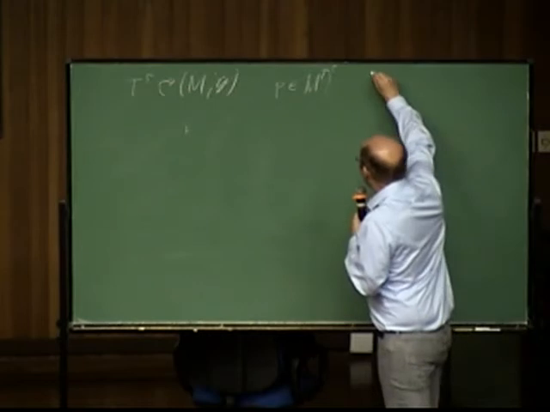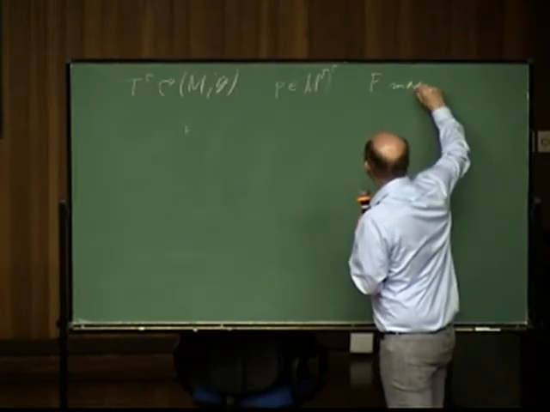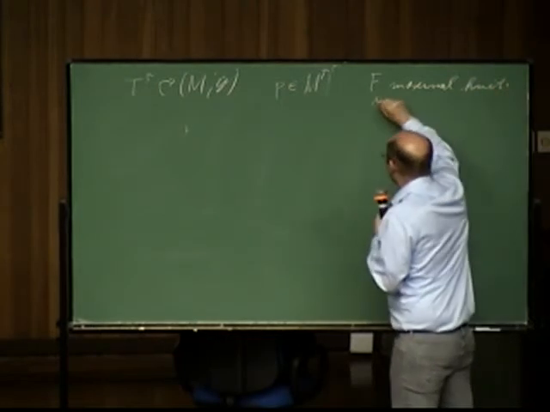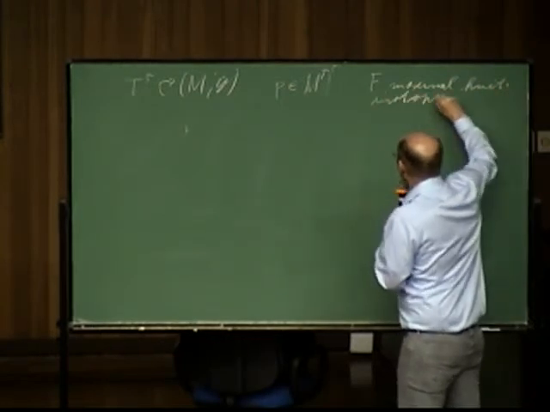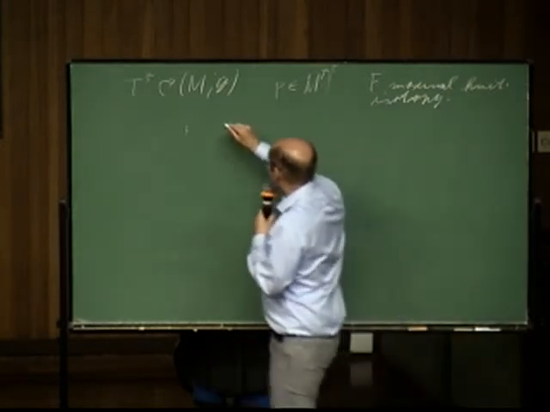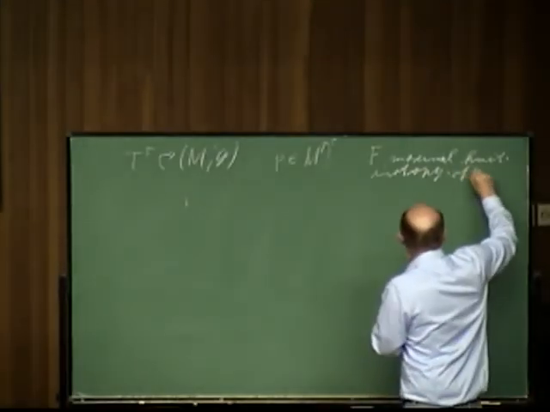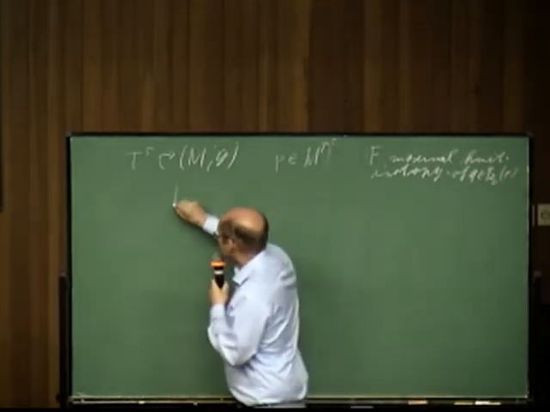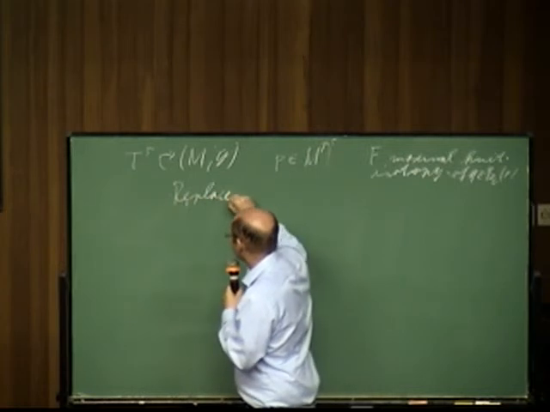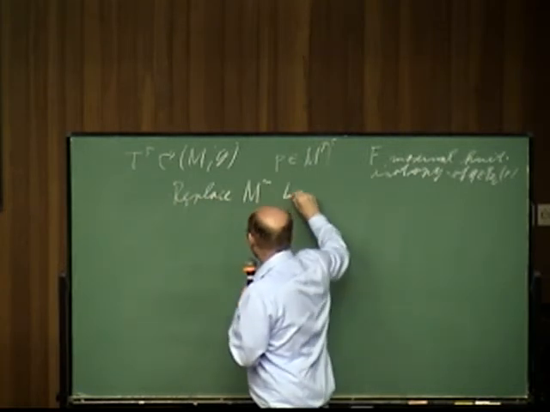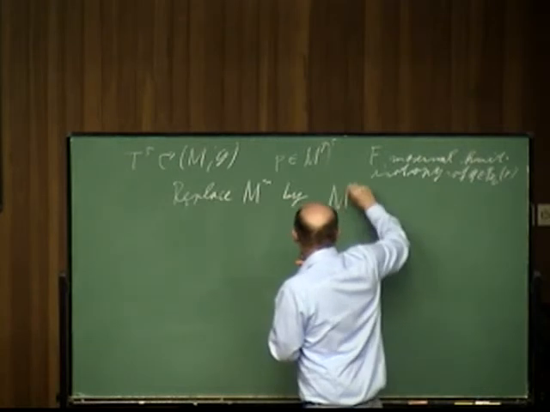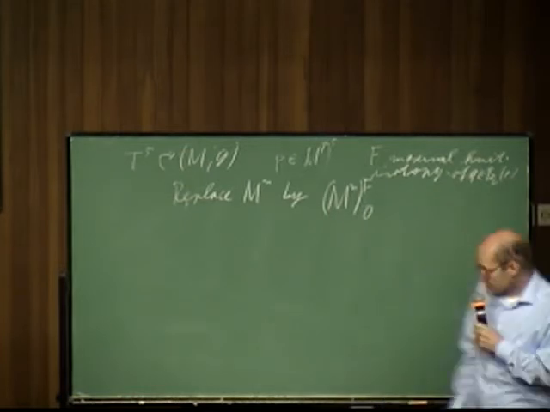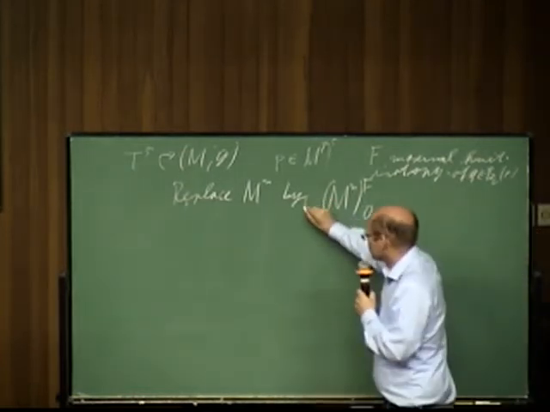So replace M^n by the fixed point set of F, with the fixed point component at P.